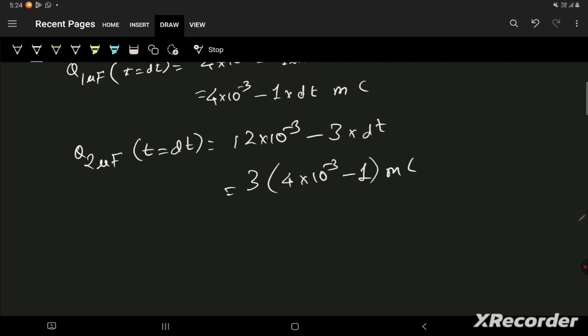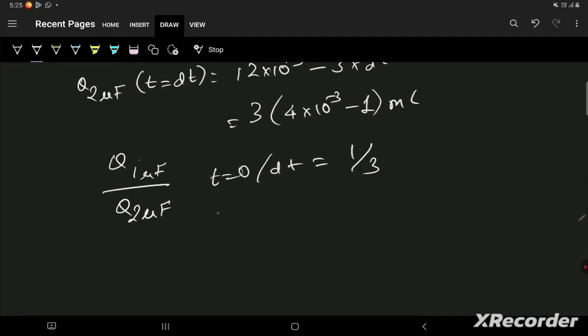One thing we can assure is that the ratio of charges on 1 microfarad to 2 microfarad at time equals 0 or dt is 1 by 3.